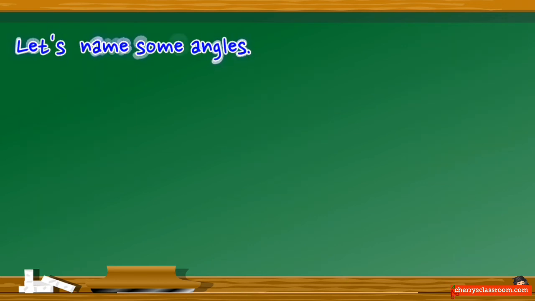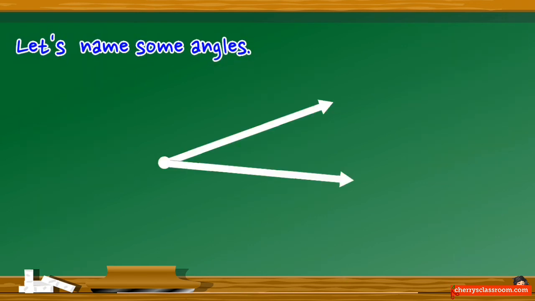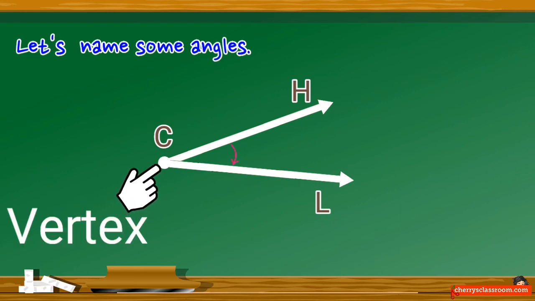Now let's name some angles. Ray CH and ray CL shared the same endpoint. So here we can see an angle. The shared point is called the vertex.